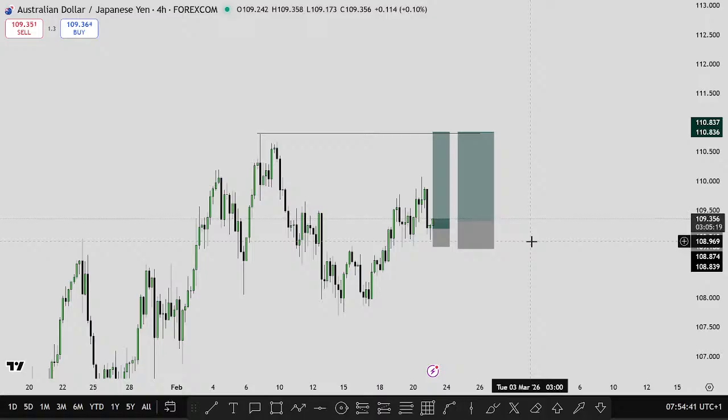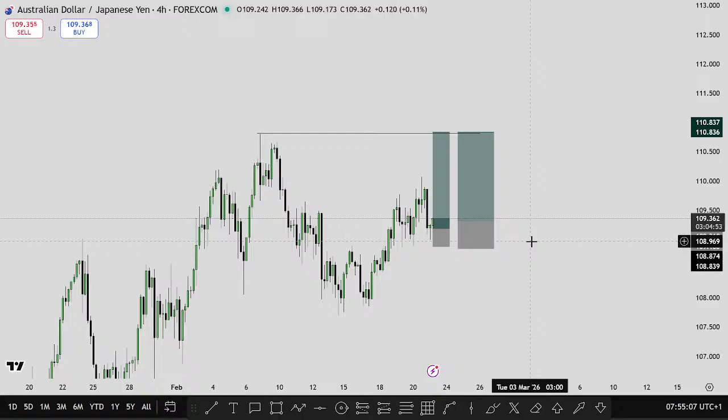Stop loss low. Okay, I think this is fair. Stop loss is around 108.8 something, so take profit is my target. So take profit is 110.837.